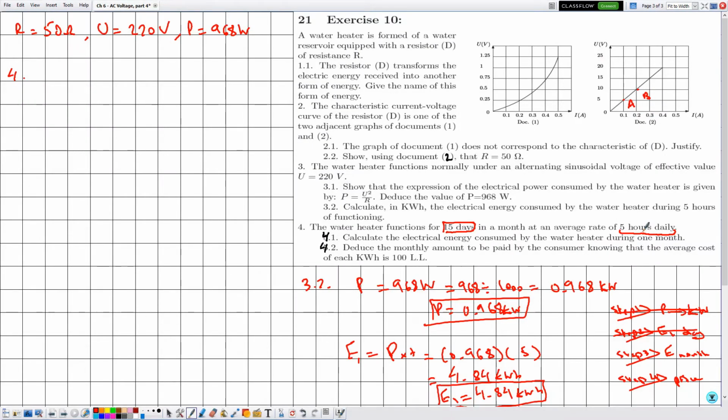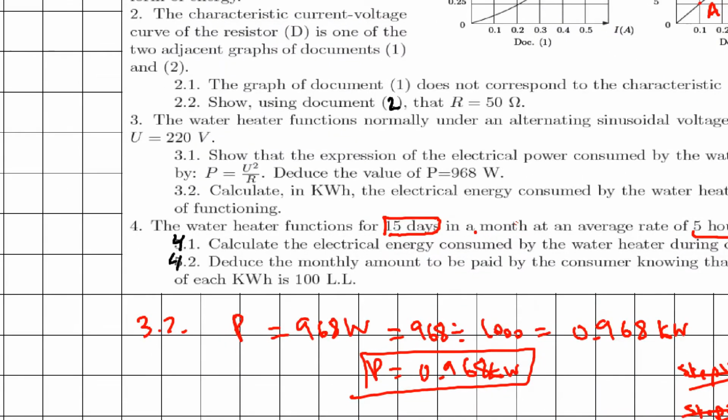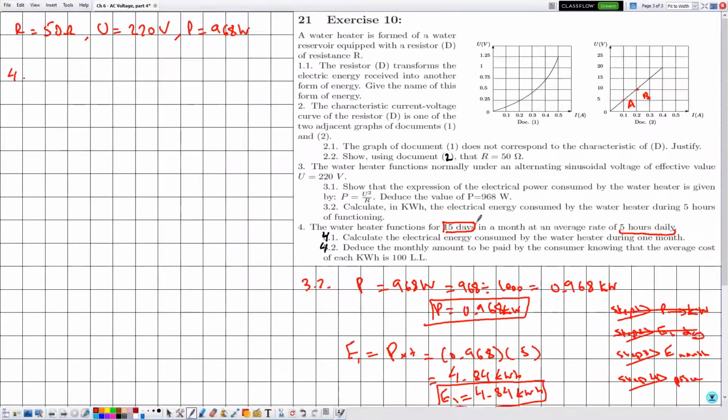Although it is 24, the actual number of hours functioning is given by 5 out of 24. Now, although the month consists of more than 15 days, 15 days represents the actual days per month in which this water heater functions.